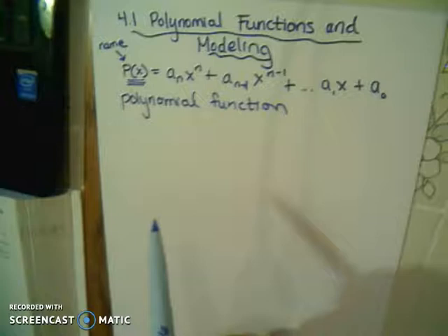So in this equation, they're using x for that independent variable. This very well could say p of t, and that means you're going to see t's on the other side of the equation. It could say p of y, and you'll see y's on the other side of the equation. In the parentheses, it just tells us what variable we should expect to see on the other side of the equation, is all.